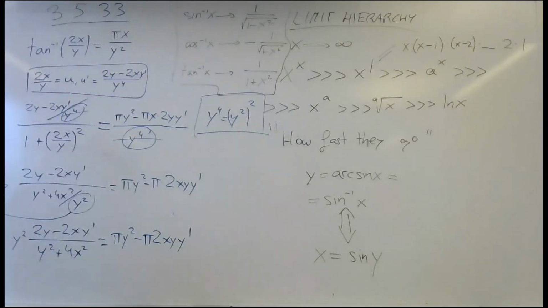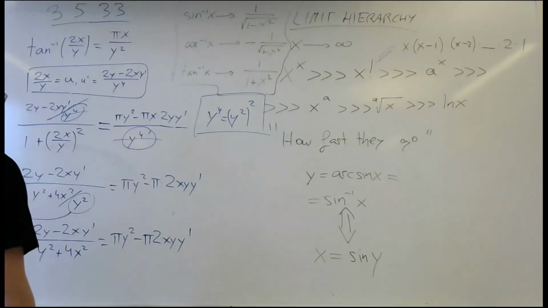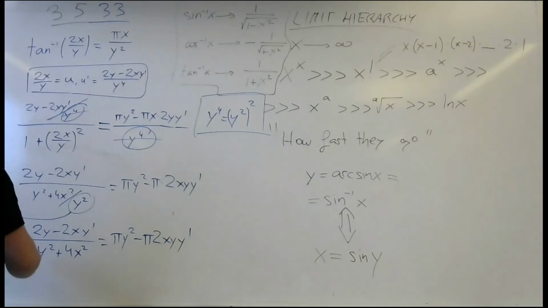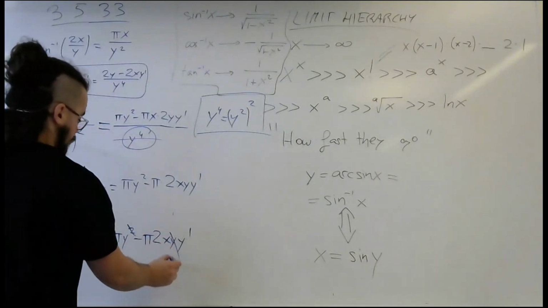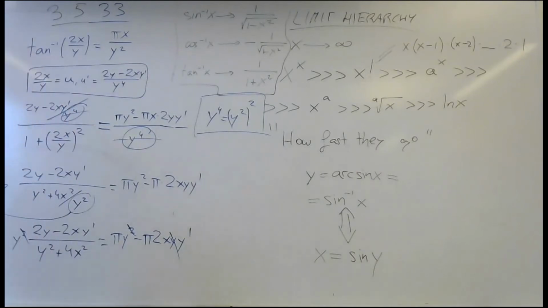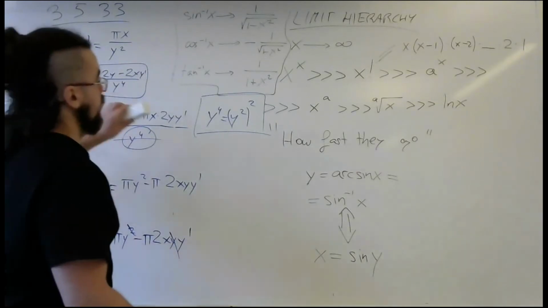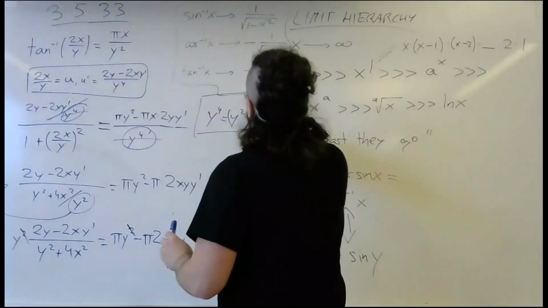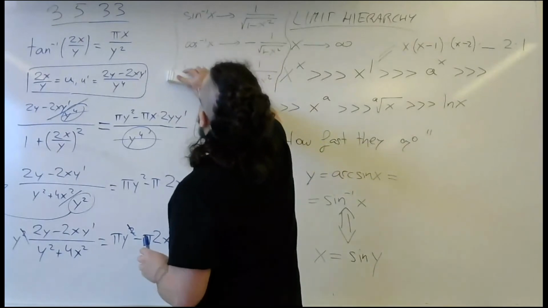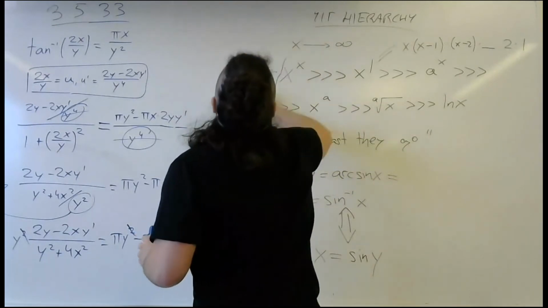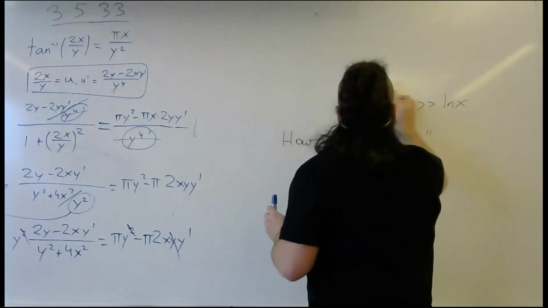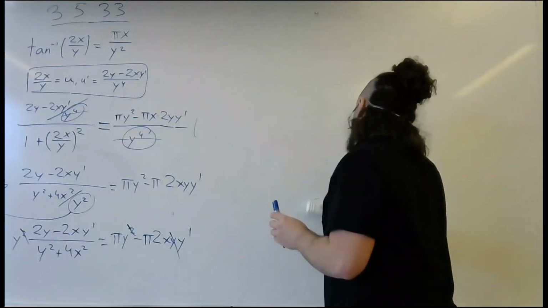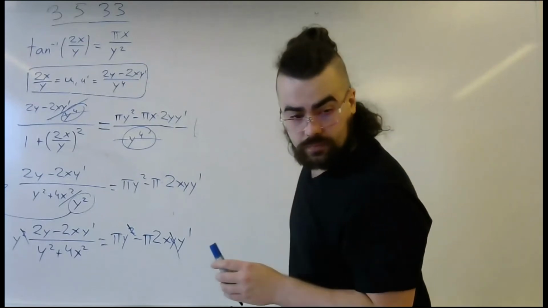Okay, this equation looks a little bit bulky. There's still some things we can do. We can cancel one y here with one y here and one y here. And now I'm going to delete the hierarchy of limits with much grief. Good.